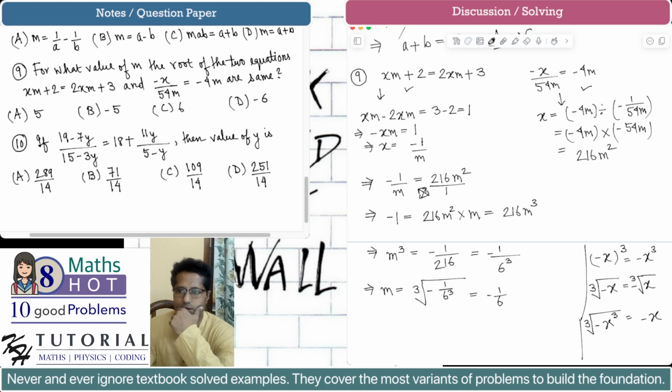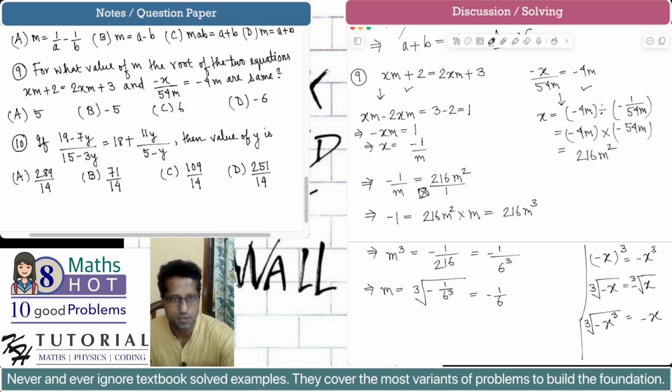So the solution of the second equation is 216m square. The solution of the first equation is minus 1 by m. So minus 1 by m is equal to 216m square, and we are getting m cube is equal to minus 1 by 216. Okay, this is fine.